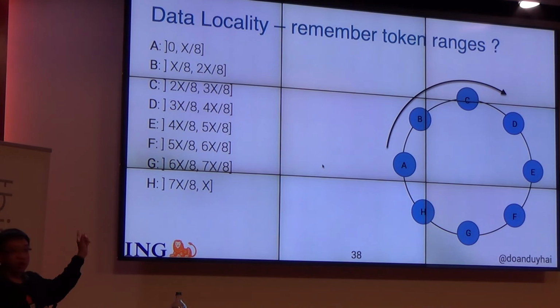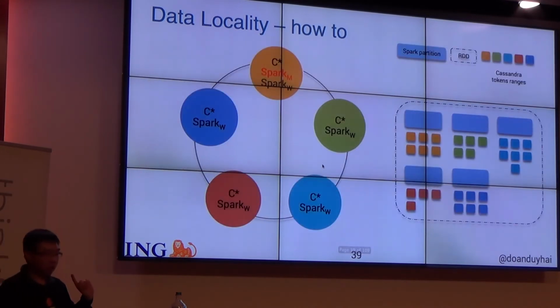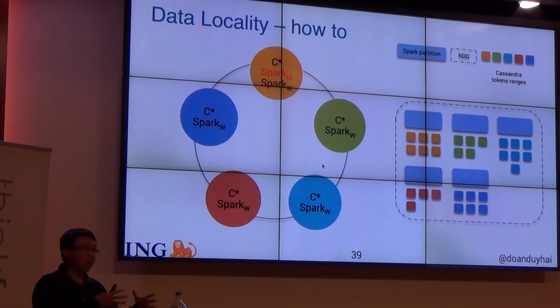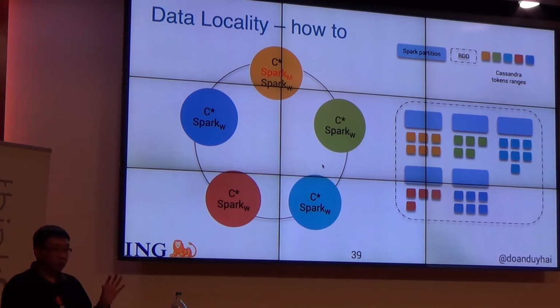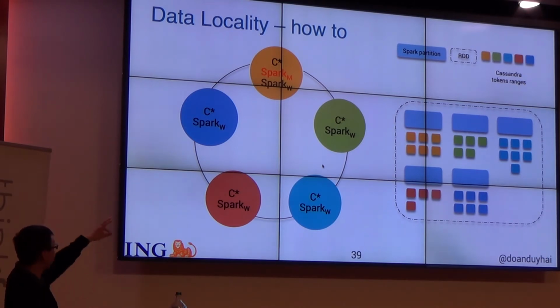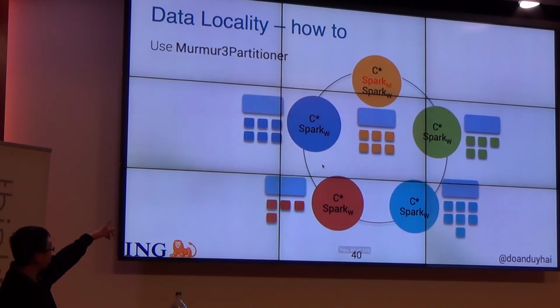Remember the token range I introduced for Cassandra. To provide data locality is simple. With Spark, you have partitions, and a partition is a chunk of your distributed collection. If we map Cassandra token ranges to Spark partitions, what we can provide is data locality.